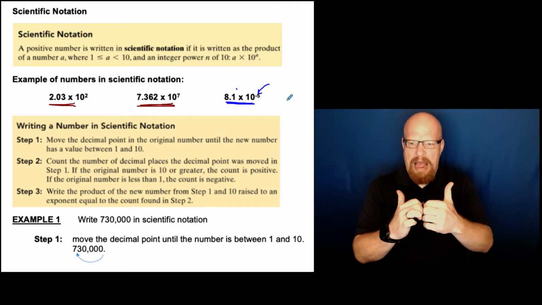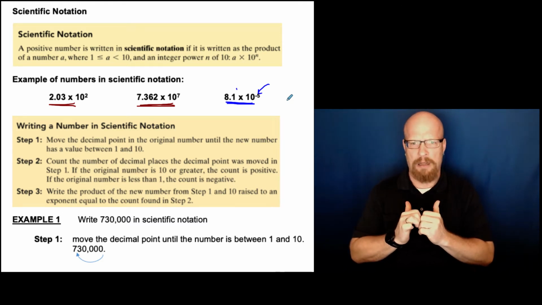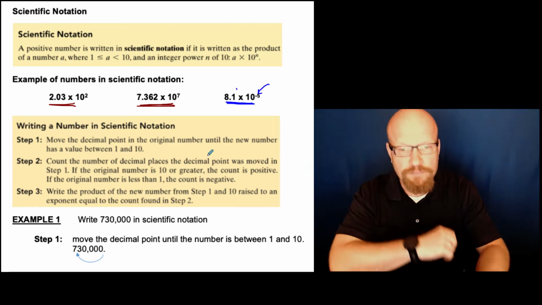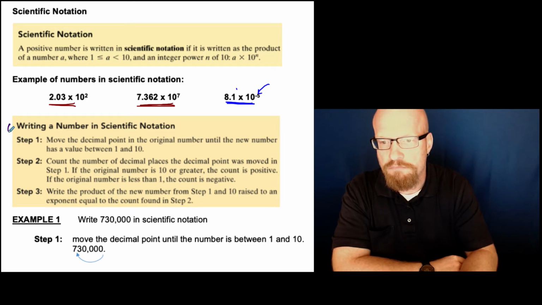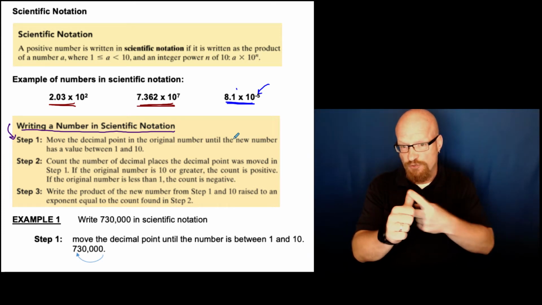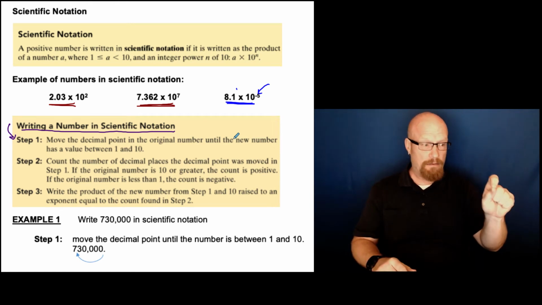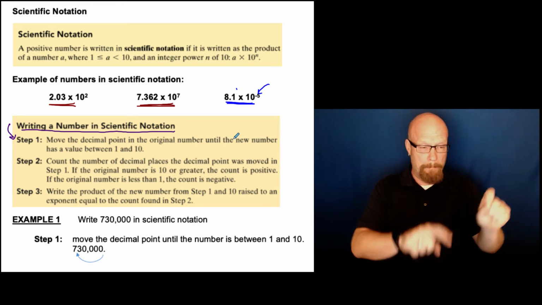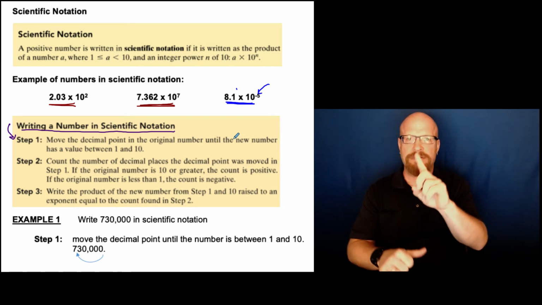Now we're going to talk about how, if we have a number that's large, we convert that over to scientific notation. So the first example, you have the number. If it's a large number, you're going to be moving the decimal until just before the first digit.